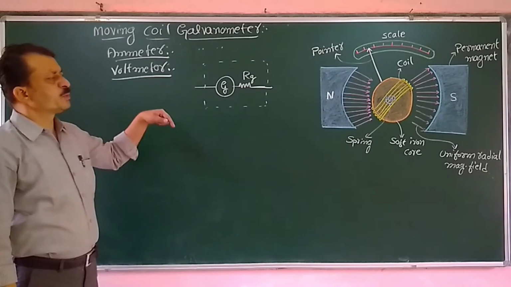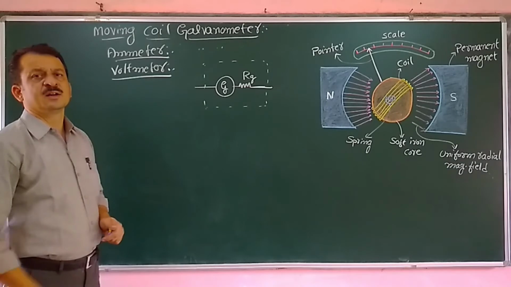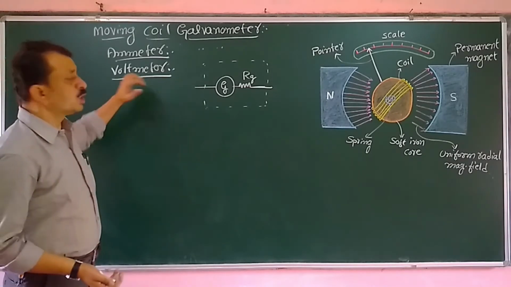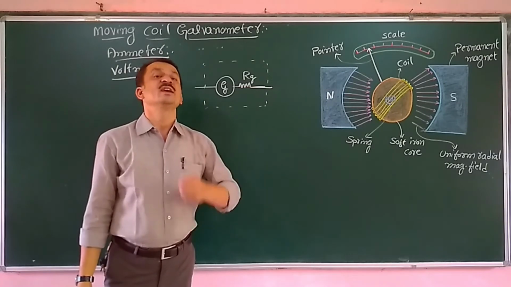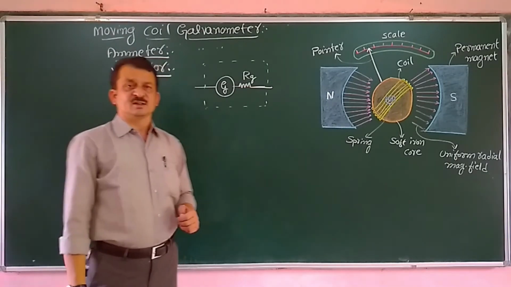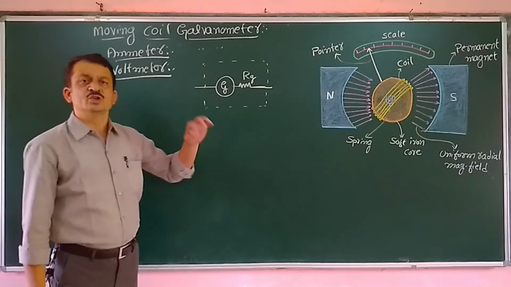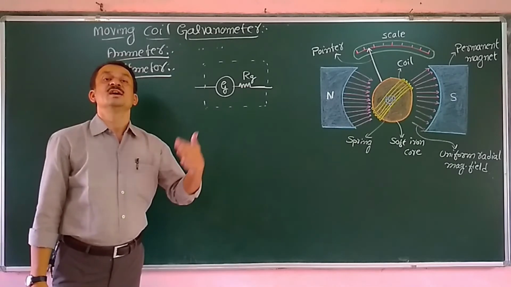Since a voltmeter is to be connected in parallel, therefore this voltmeter does not draw any current. Because of that reason, the voltmeter should contain a very high internal resistance.